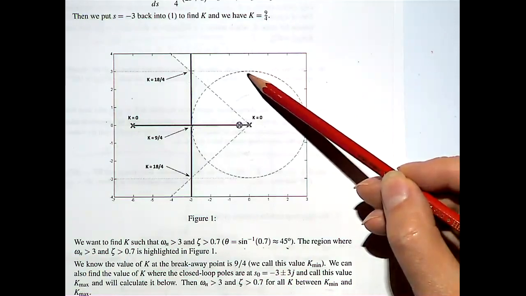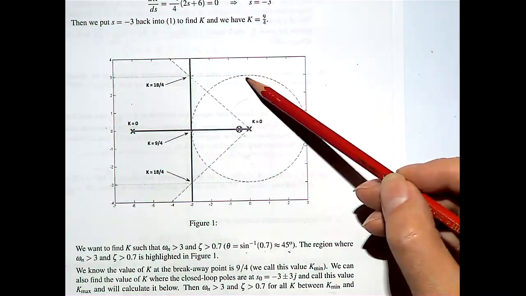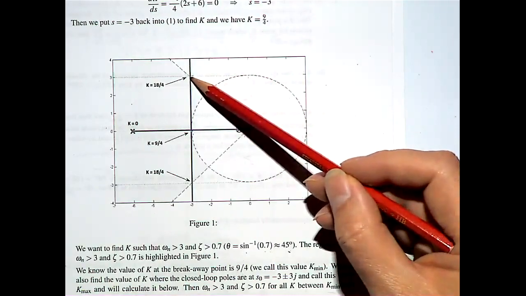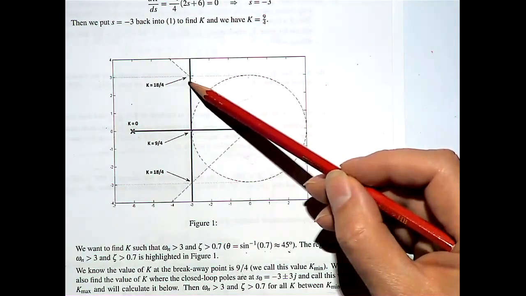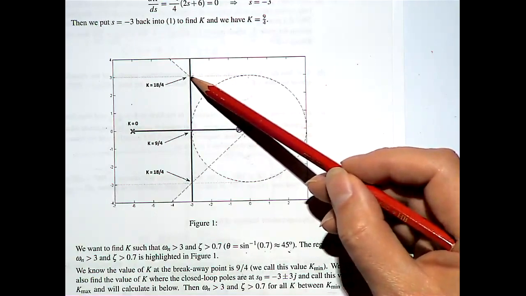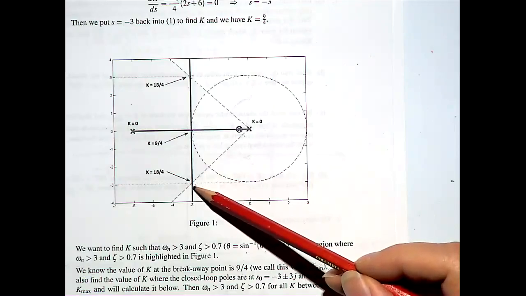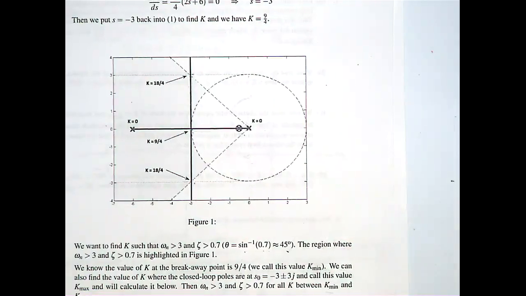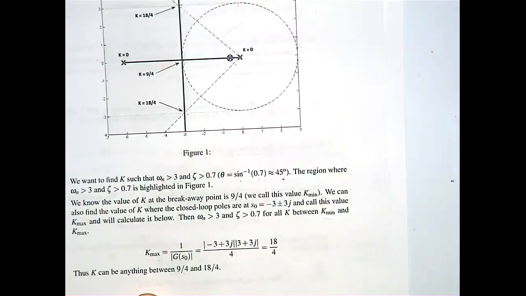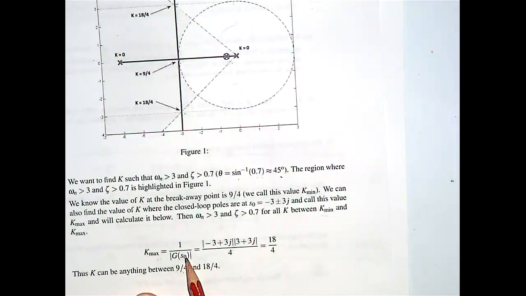It would be plus minus 3. So this point here is really minus 3, that's the real part, and the imaginary part for this is plus j3, and here it's minus j3. And we need to find the value of gain corresponding to these points. So what we do, we substitute that into the transfer function. So what I did, s0 is now minus 3 plus minus j3.